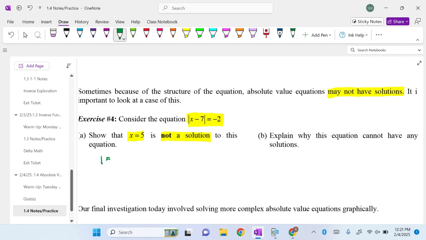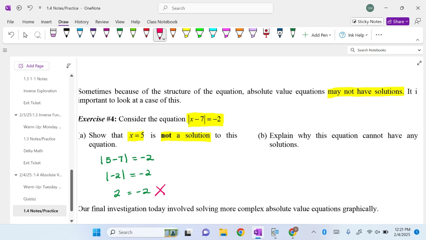If I plug 5 back into the original, we want it to equal -2. 5 minus 7 is -2. Now, what's the absolute value of -2? +2. So is it true that +2 is equal to -2? No. It's just not a true statement.